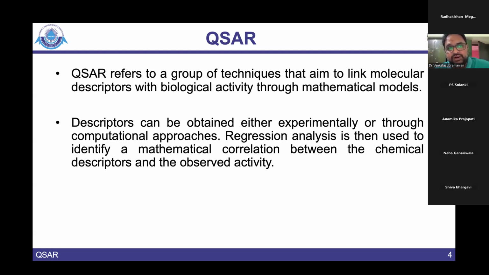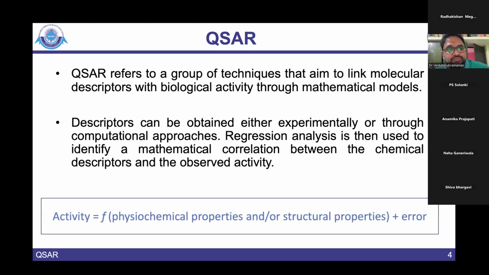What we see in the structure is a visual aid, but now we want descriptors that can be quantitatively described, and then the activity, which is again a quantitative number, whether it is an IC50 value or efficacy or whatever. Then we correlate these two using mathematical approaches, though we use computers for that. The traditional method is regression analysis.